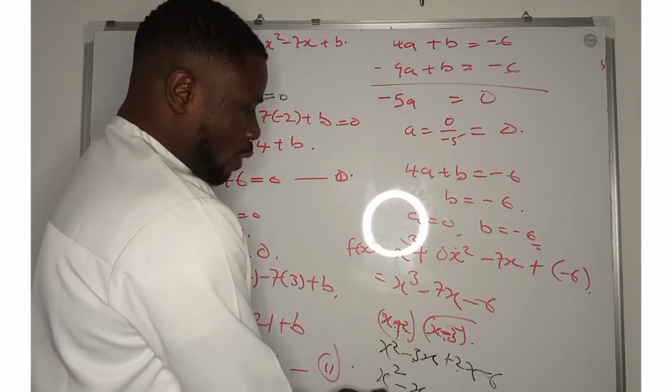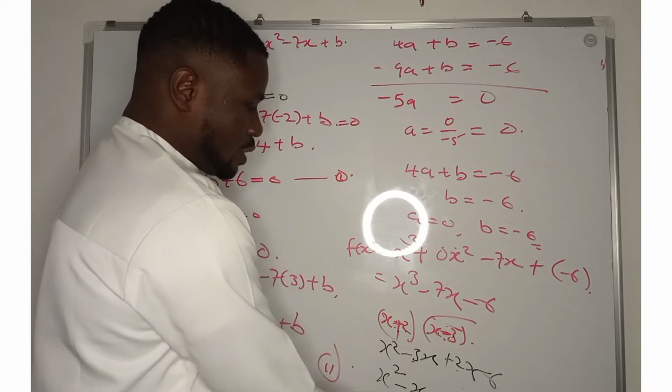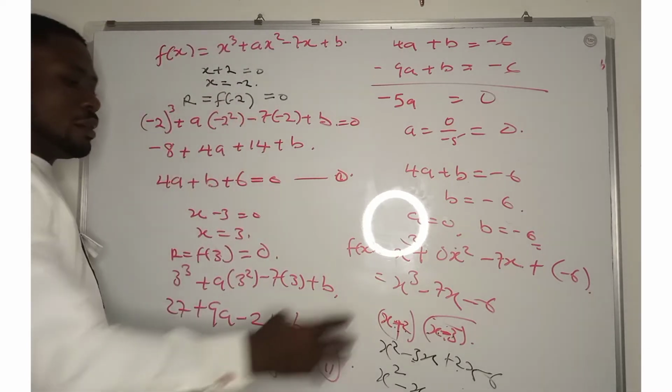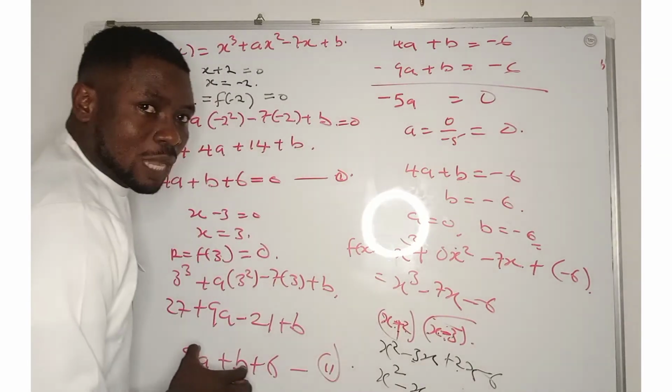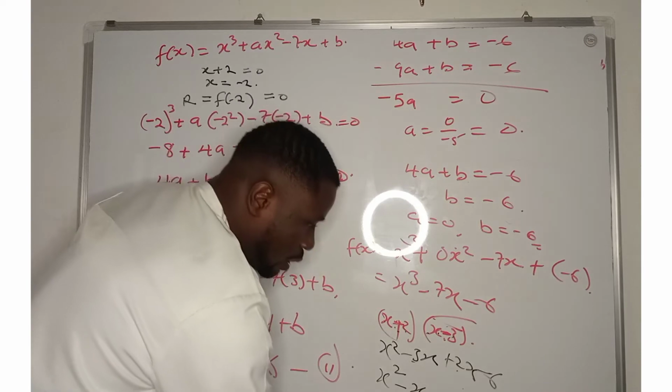We bring down x squared, and minus 3x plus 2x gives us minus x, and then we have minus 6. So if you multiply these two factors given to us, we have x squared minus x minus 6.